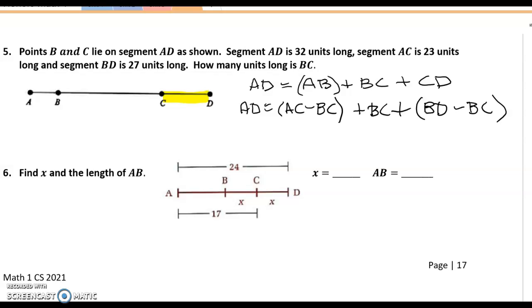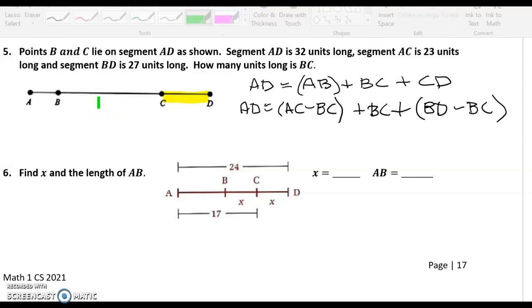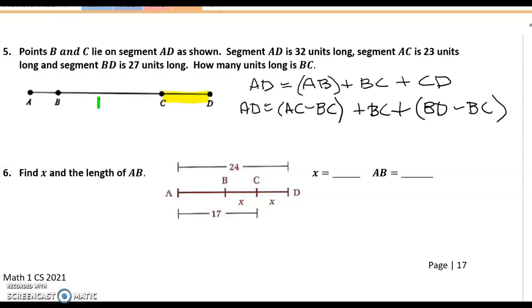Okay, so now that we have a plan, we can start substituting in the values. Since we don't have a value for BC, which is what we're looking for, how long BC is, we're going to say that BC has a length of x.